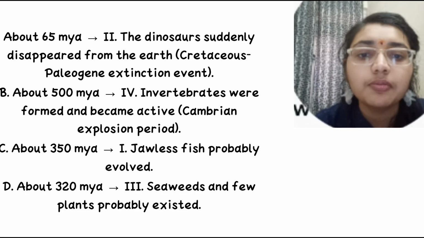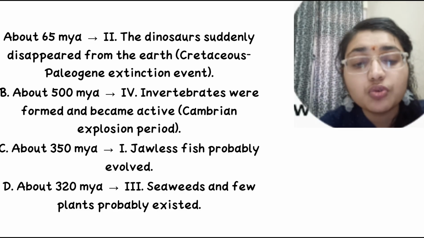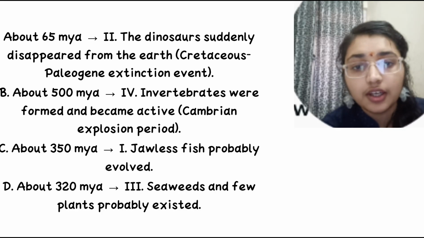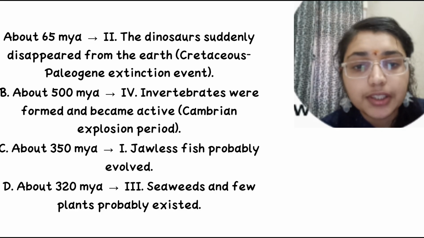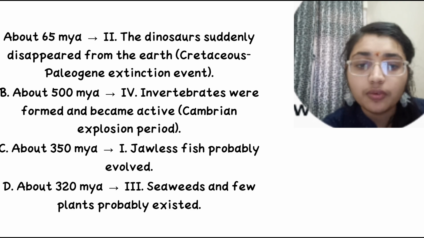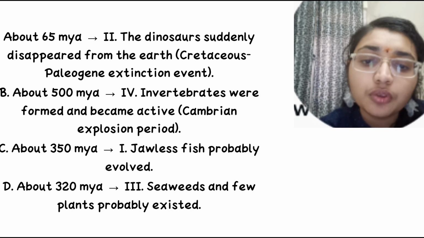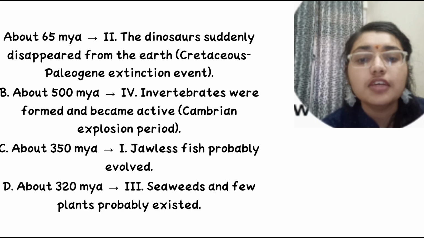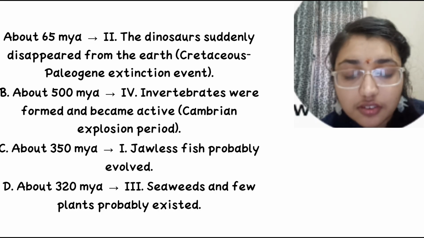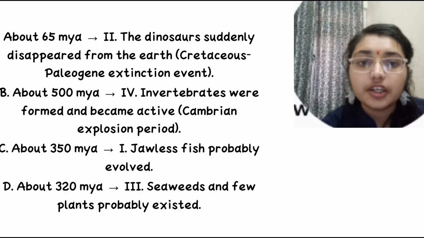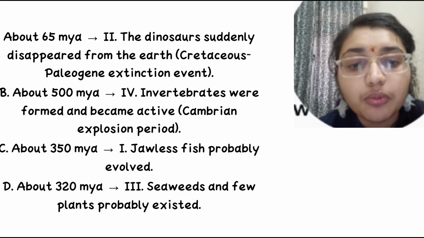About 500 million years ago, invertebrates were formed and become active, that is the Cambrian explosion period. Option C, that is about 350 million years ago, the jawless fish probably evolved. And option D is about 320 million years ago, the seaweeds and the few plants probably exist. So this is the correct option, option 3. Now moving on to the next question.